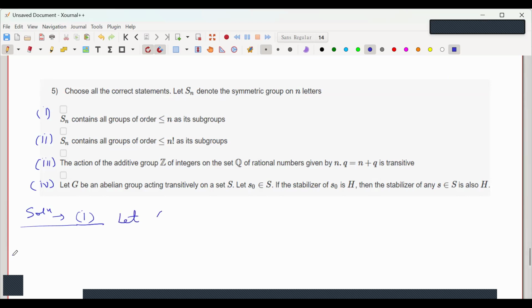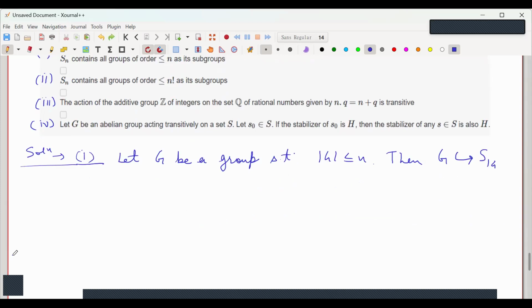So let G be a group such that the order of G is less than or equal to n, then G can be embedded as a subgroup inside S of order of G. G is isomorphic to a subgroup of S of order of G, which can be embedded inside Sn, since the order of G is less than or equal to n.